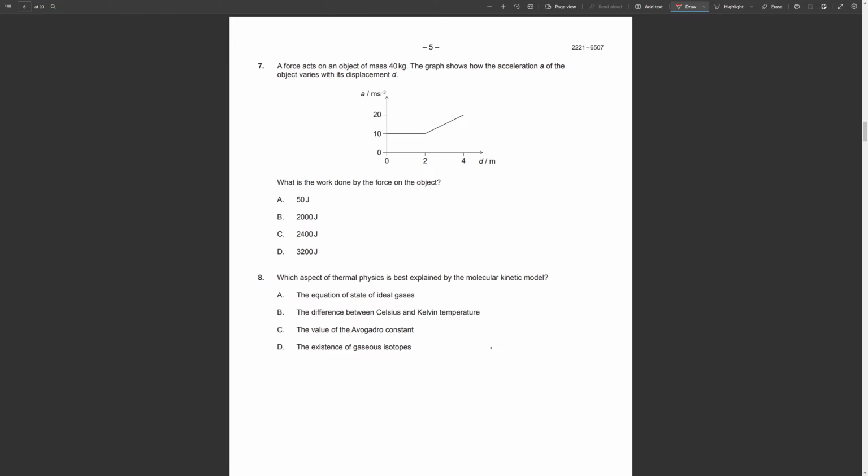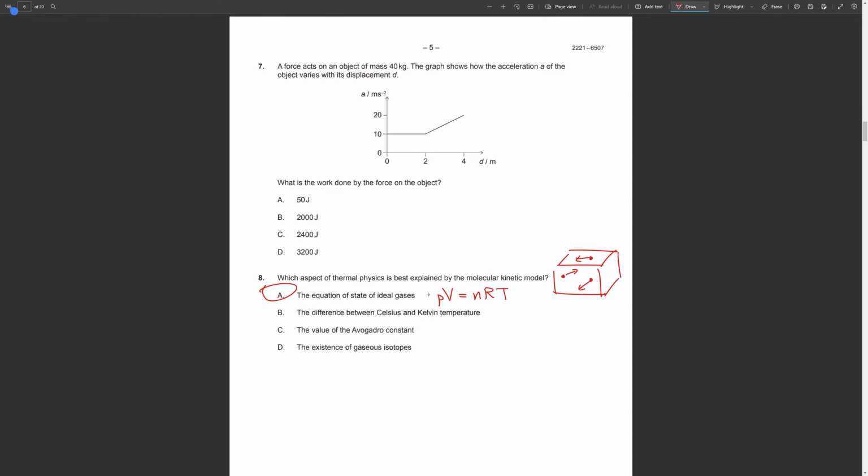Next, question 8. Which of the following is best explained by the molecular kinetic model, which is in a container you can find ideal gas molecules moving around, and we consider these as tiny particles with no size. And it is A. The equation of state of an ideal gas is the PV equals nRT equation.